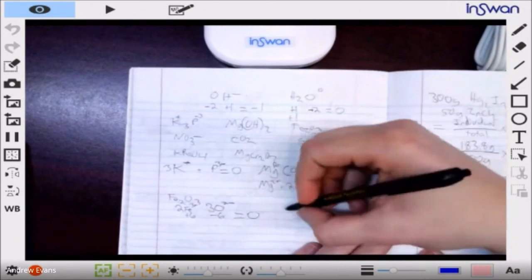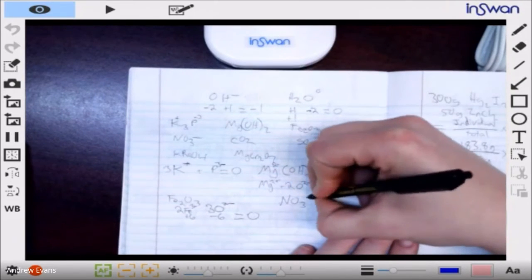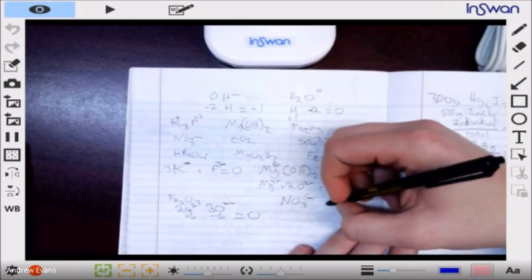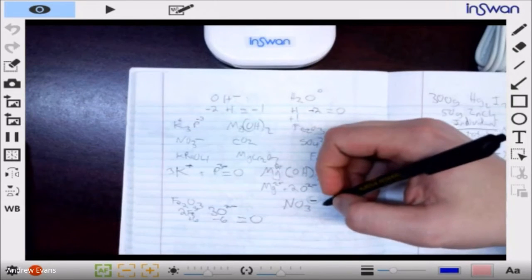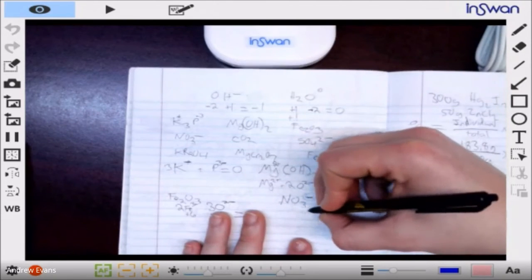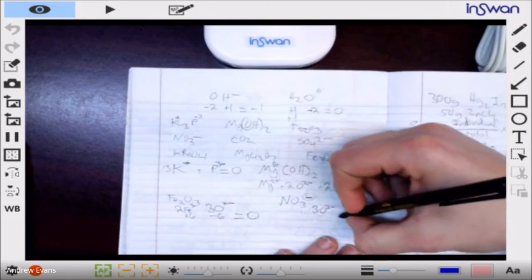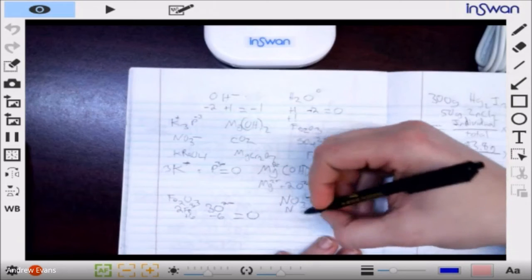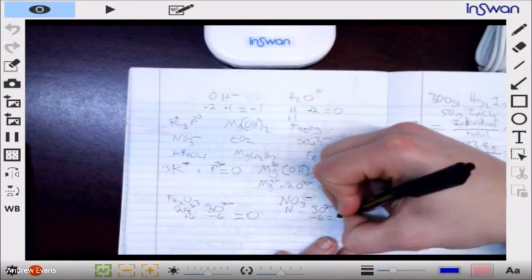Here's another one that's kind of hard. Nitrate, NO3 1-. The total charge is now -1. It's not going to cancel out to be neutral. The total charge is going to be -1. So oxygen, there's 3 oxygens. Each oxygen has 2-. And we have 1 nitrogen. So now, here's the hard part.